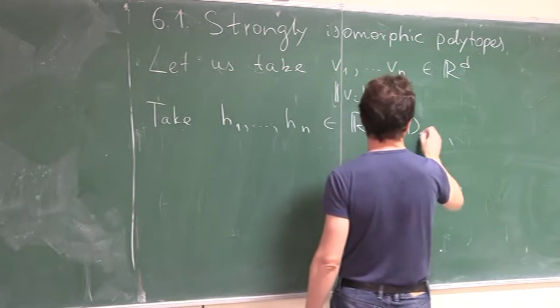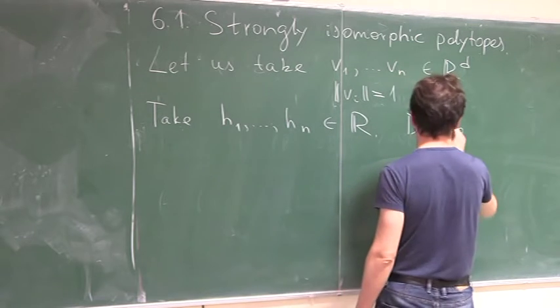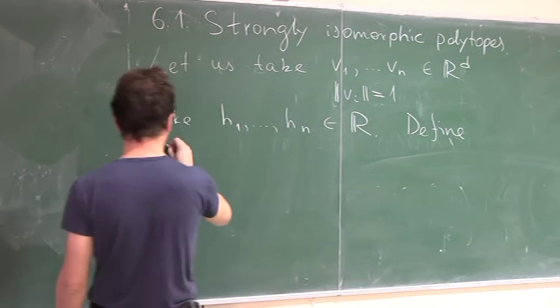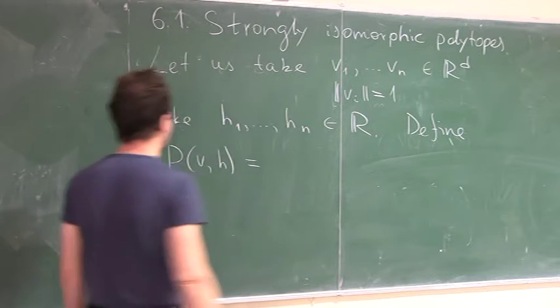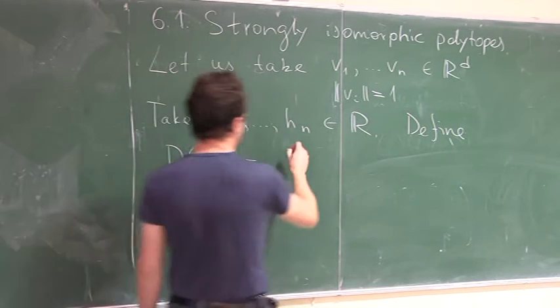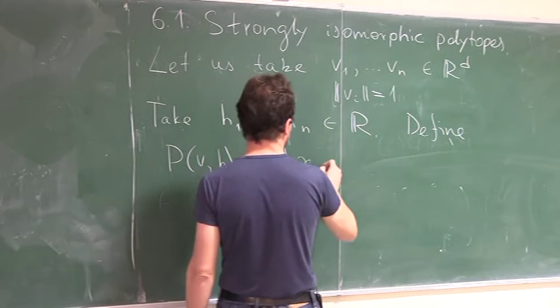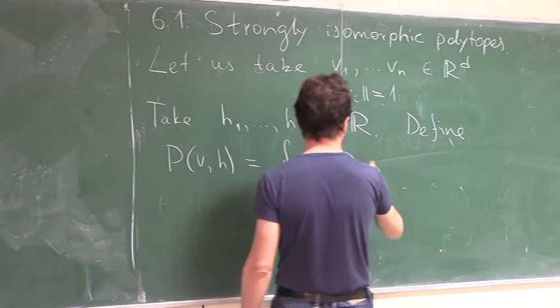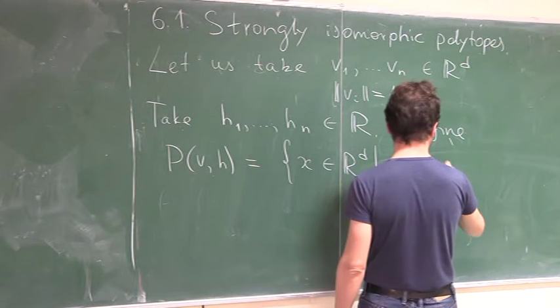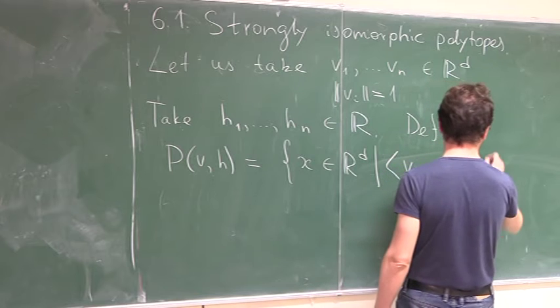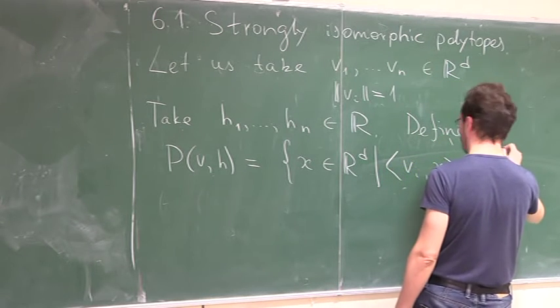and define the set P of V,H as the set of all x in Rd such that the inner product of Vi with x is less or equal than Hi.